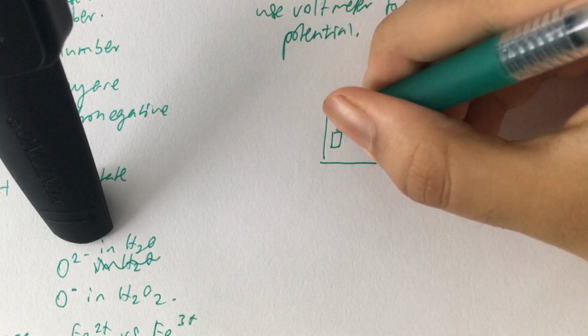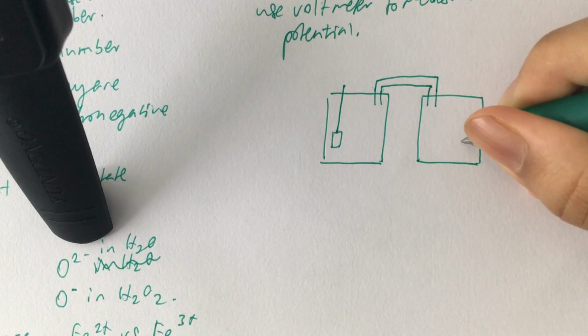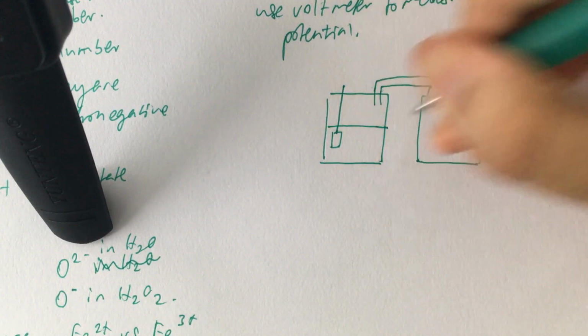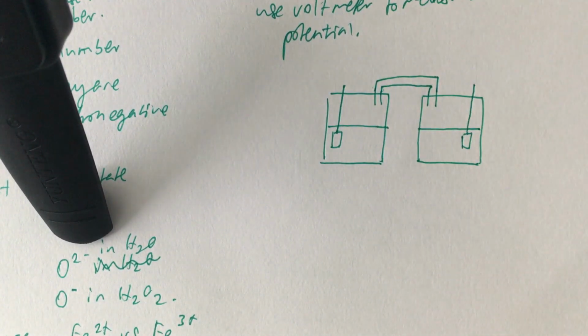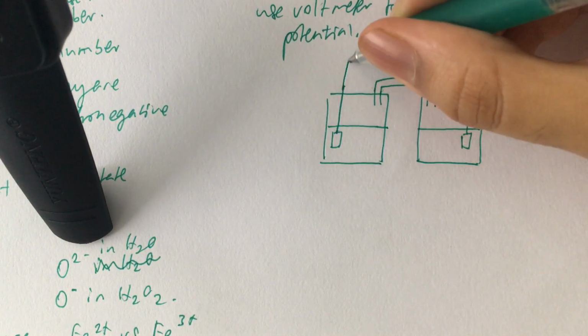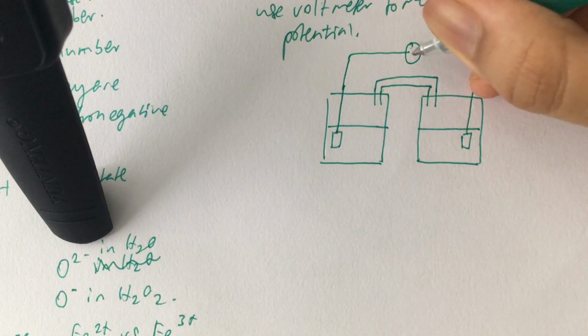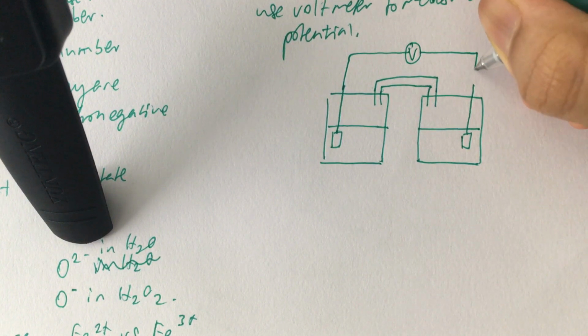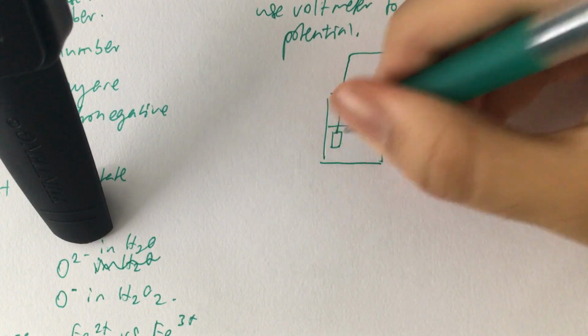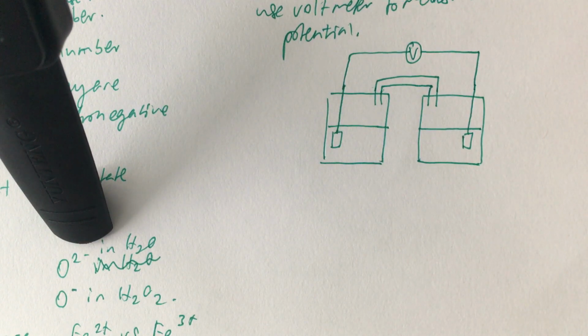But whatever you're using in the cell must involve everything that's in the reaction per se. For example, if we look at the silver one, we have silver plus and silver, and we can just compare.